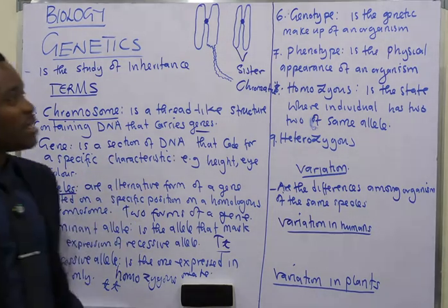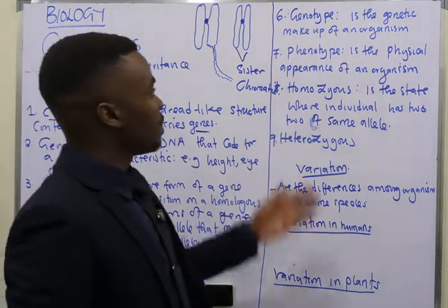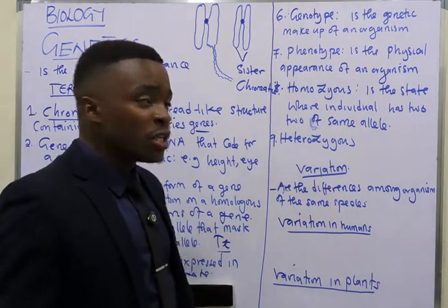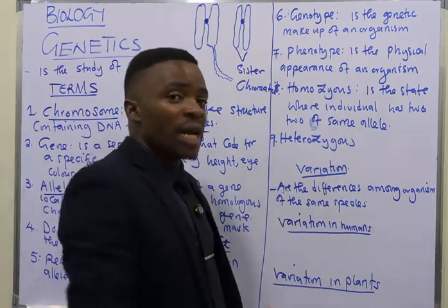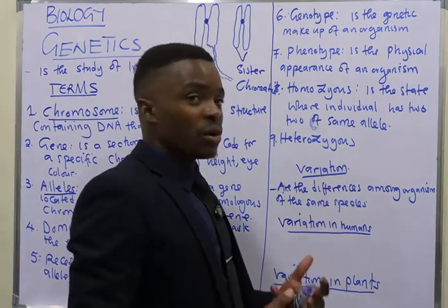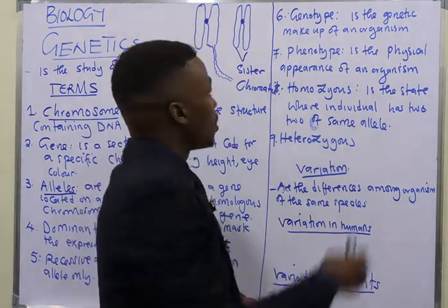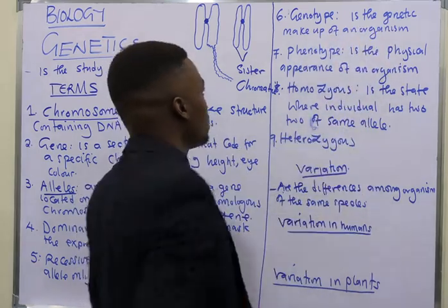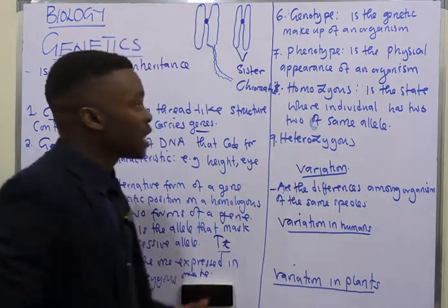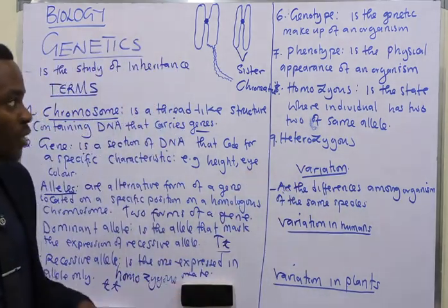All right, let us look at the other term, which is the genotype. The question that you ask yourself is, what is the genotype? So the genotype, we're looking at the internal makeup or the genetic makeup of an organism, what we cannot see, but inside. Okay, so the genetic makeup of an organism is what we call the genotype. So the genotype is the one that is expressed now phenotypically.